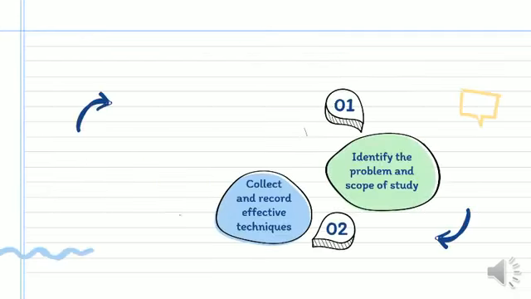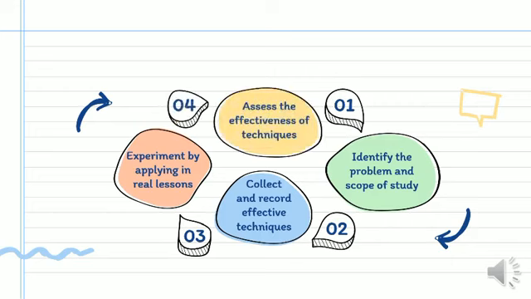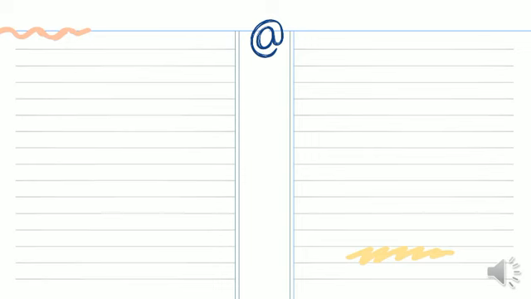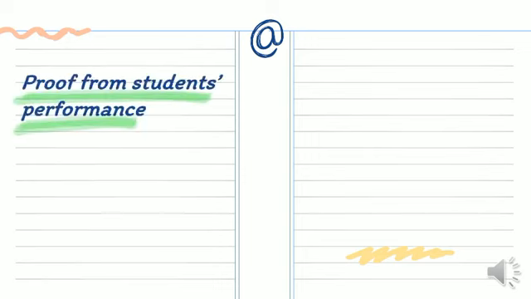And then I experimented by applying them in real lessons, and I got some results and assessed the effectiveness of the techniques. There is some proof from students' performance that the study is effective.